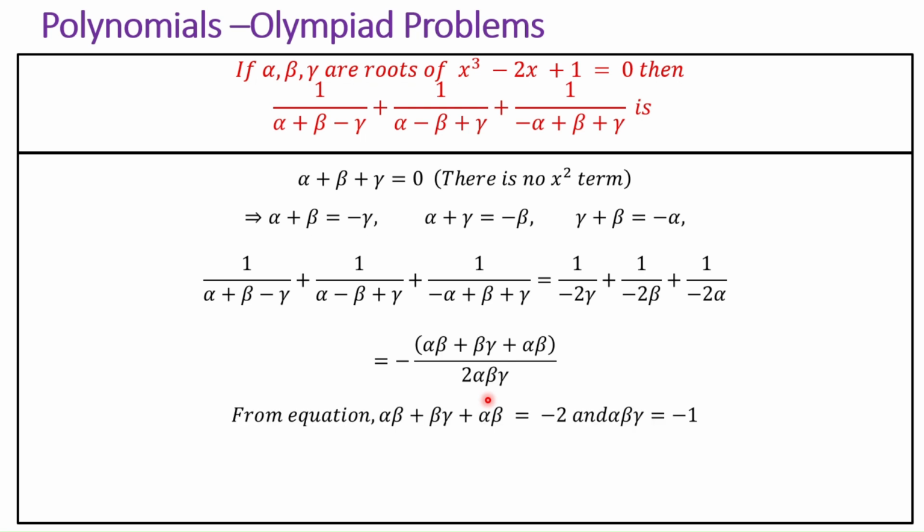Alpha beta gamma is equal to 1, is equal to minus 1, sorry, and alpha beta plus beta gamma plus alpha beta is equal to minus 2, coefficient of x. This is the constant term, basically minus of the constant term. Now you substitute these values, what you will get is minus 1. Okay, this is the answer. Okay, next.